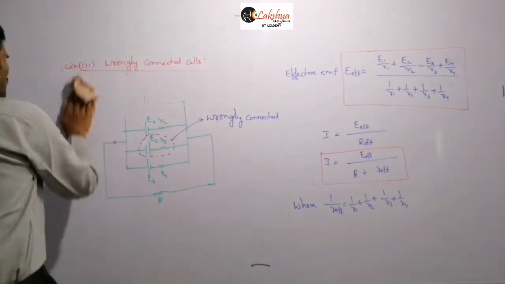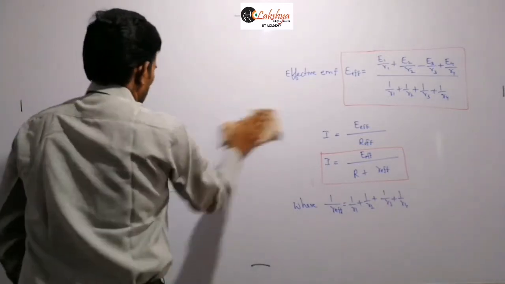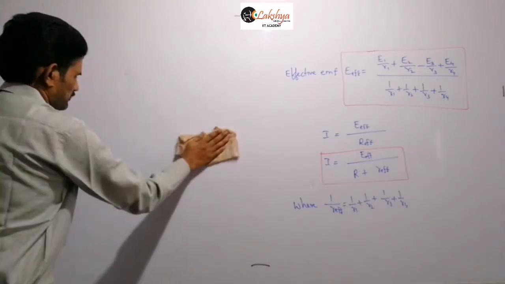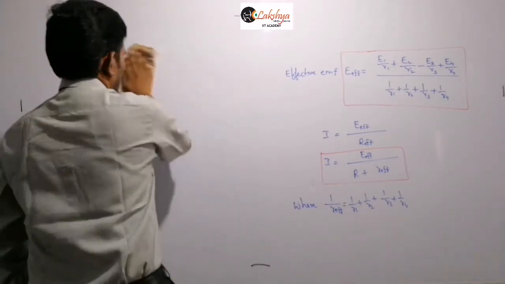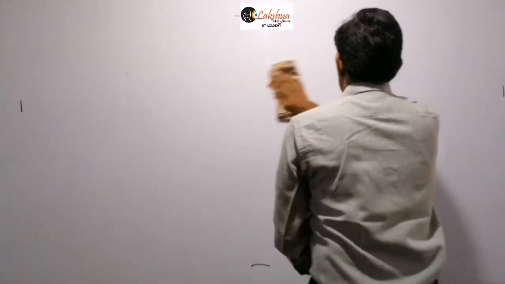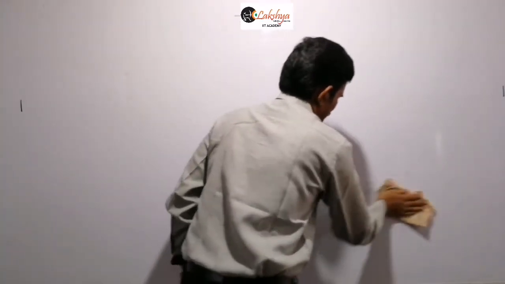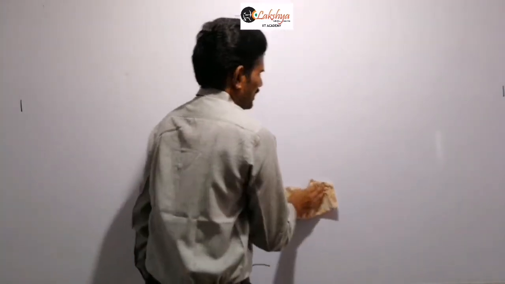In this, another combination of cells will be there. So we just discussed the series and parallel combination of the cells. And so next let us see about this mixed grouping of cells. Mixed grouping means, by the name itself, it indicates that both series and parallel combinations will be there in that, right?